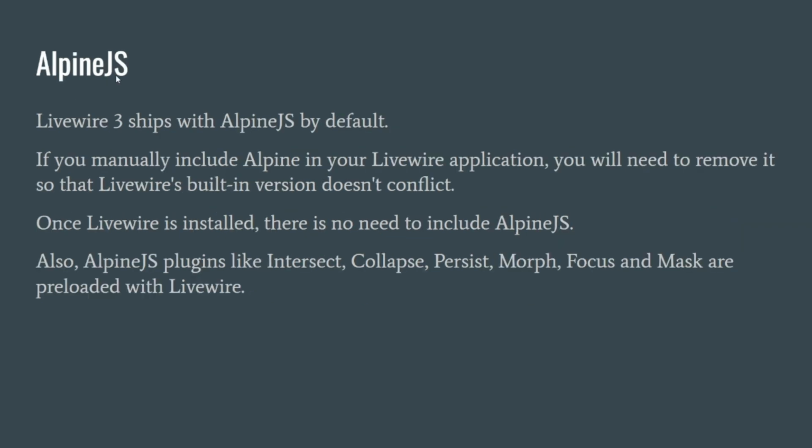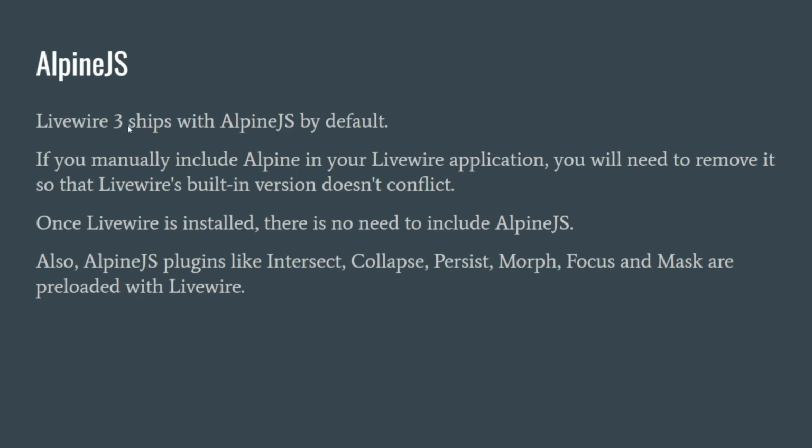Also, in Livewire 2, we needed to install, or let's say embed, the link for Alpine.js or whatever the plugins for Alpine.js are, like intersect, collapse, persist, morph, focus and mask separately.